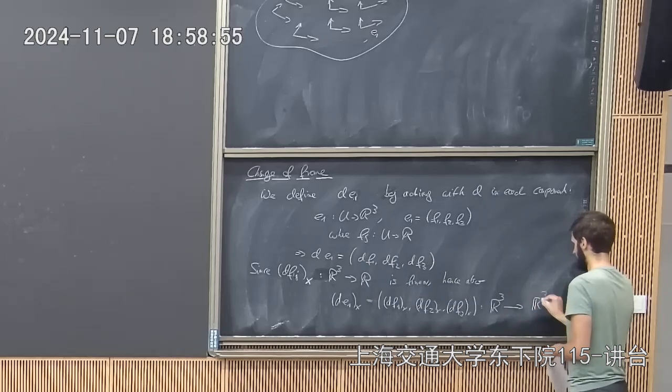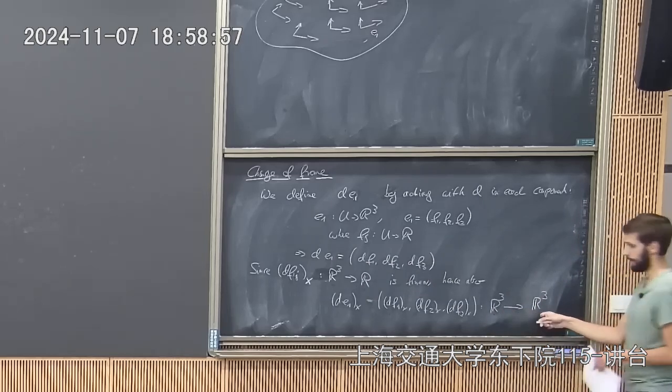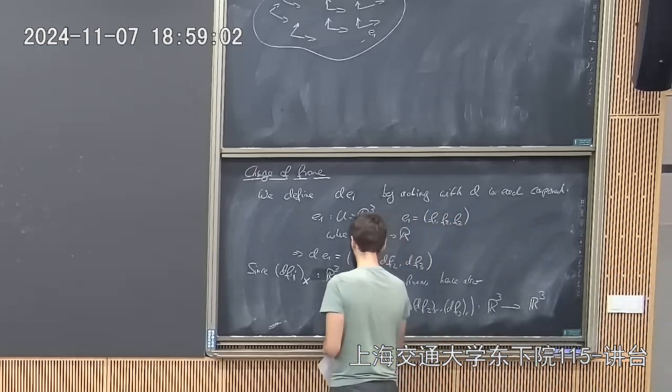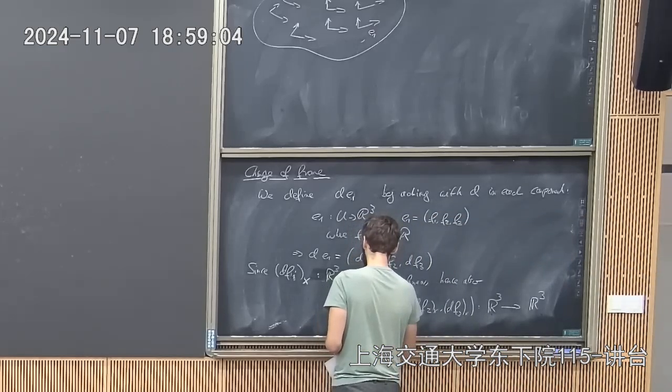So we get a linear map that eats a tangent vector and spits out a tangent vector again. It's a linear map.